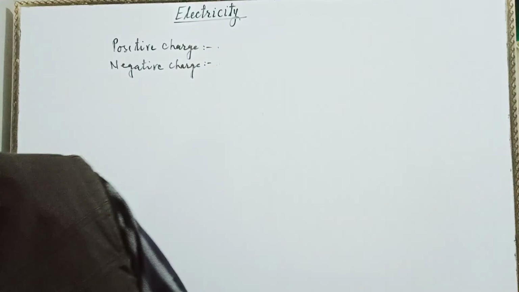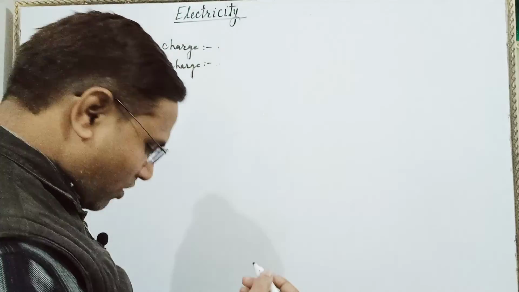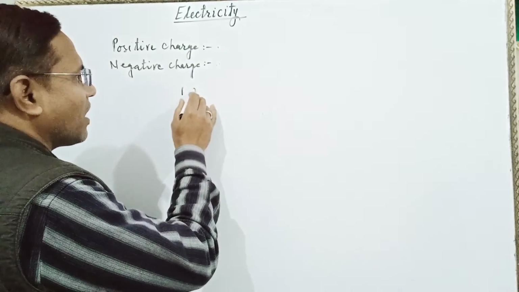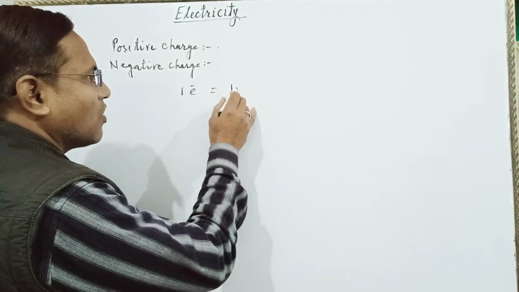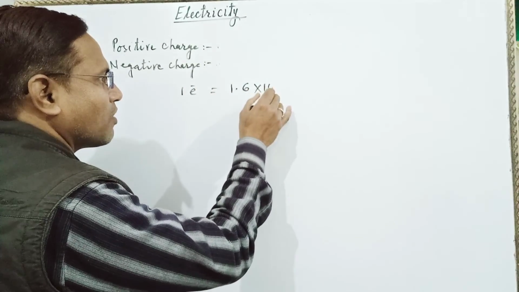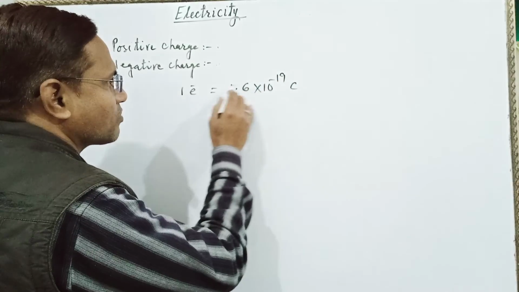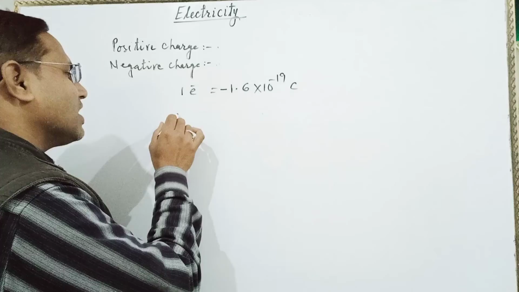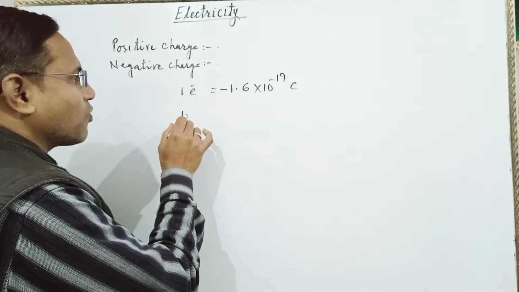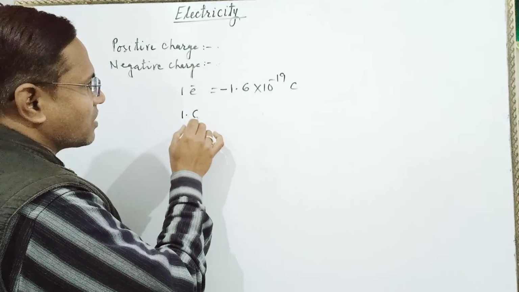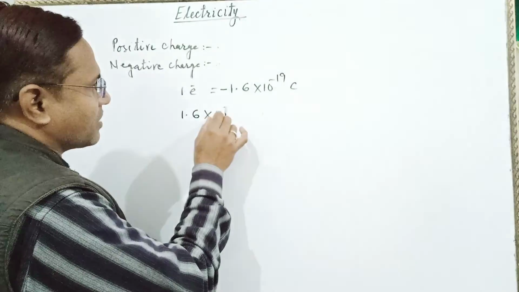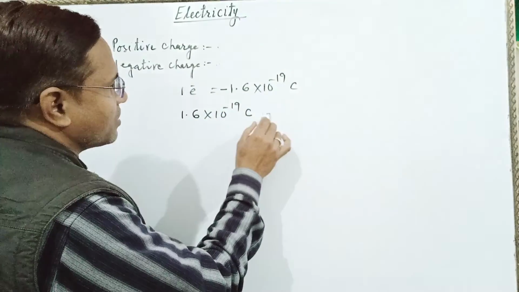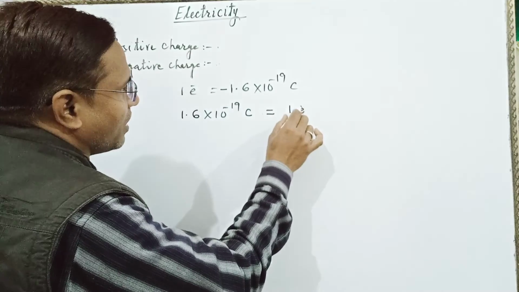Now let us see that one electron has 1.6 into 10 to the power minus 19 coulombs of negative charge. That means 1.6 into 10 to the power minus 19 coulomb of charge is present on one electron.